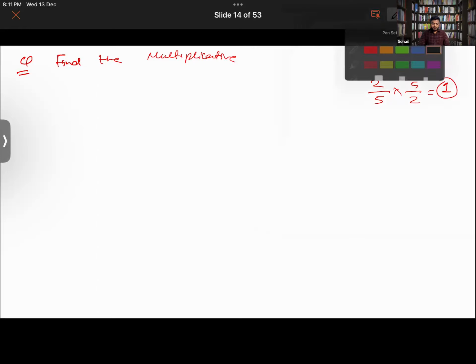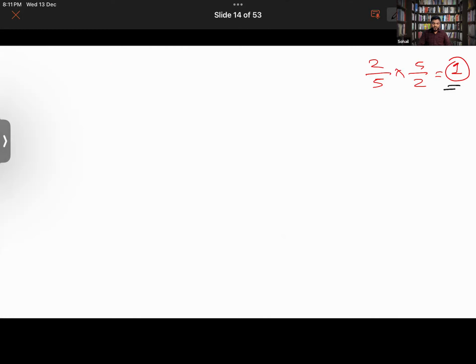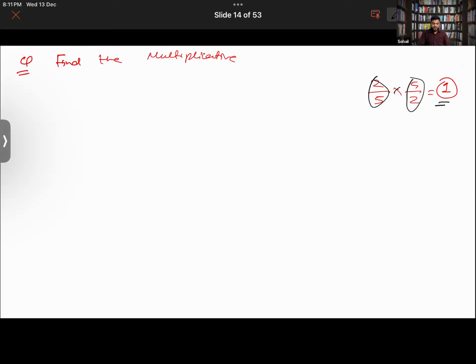So if I have any rational number, any whole number, any integer, and I multiply that number with its reciprocal, I get the resultant value as 1. So ये एक दूसरे के reciprocals हैं और multiplicative inverse हैं एक दूसरे के, right? So same thing you have to do here as well. You need to find the multiplicative inverse.